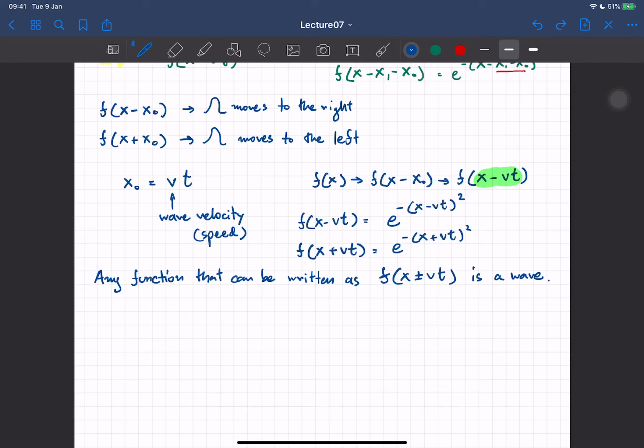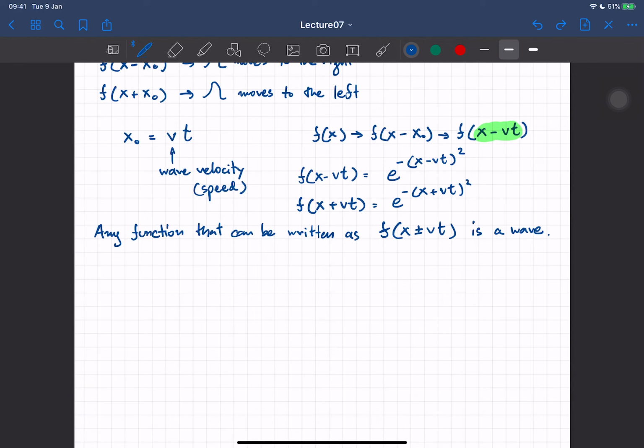Okay, and that's exactly what we call a wave. Okay, so as an example, the one we had earlier, just to be clear, y of x minus vt equal to e to the minus (x minus vt) squared. This is a wave because it can be written in terms of x minus vt, right?